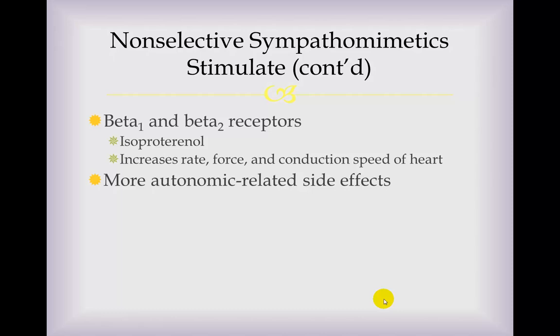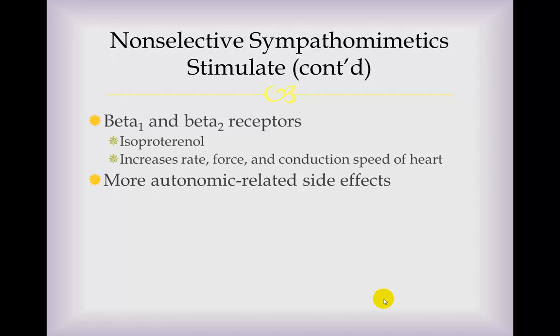Now, other non-selectives can stimulate beta-1 and beta-2. Now, by stimulating both of those, we're going to get both heart and lung involvement, but we're going to see an increase in heart rate, increase in force of contractions, and it affects the electrical conduction through the heart, which obviously goes back to increasing the rate.